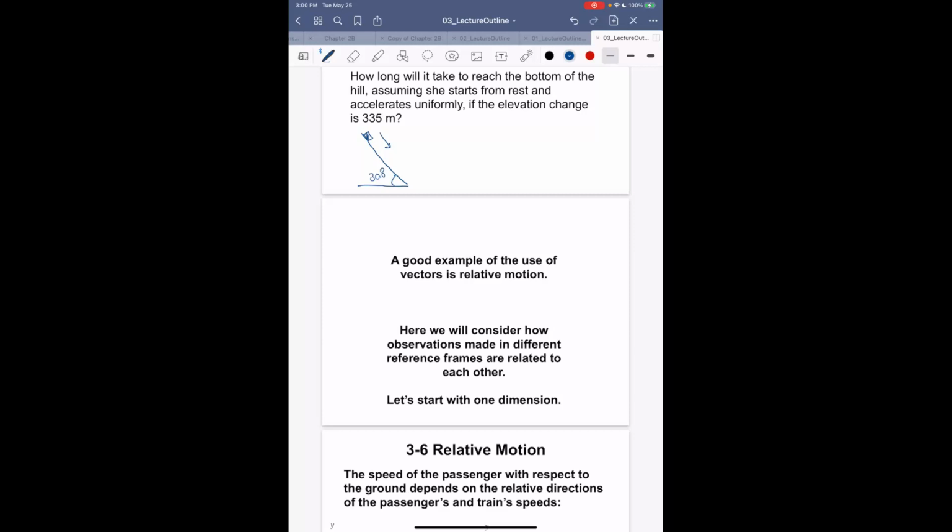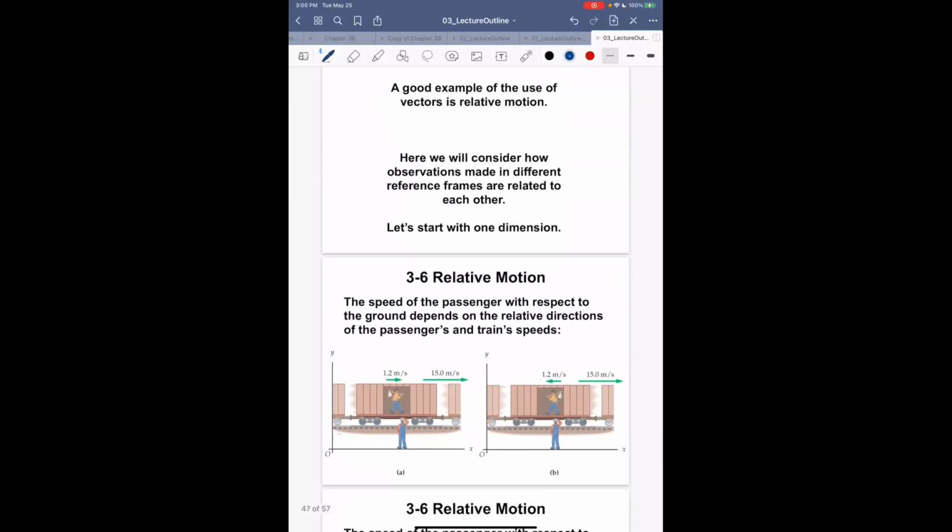Relative motion is one of the applications that we need to focus on as related to adding vectors. Remember we were talking at the beginning that your frame of reference is very important in your measurements or your calculations.